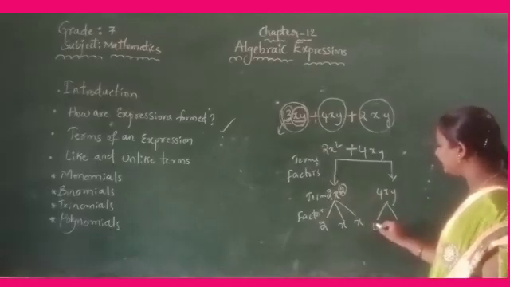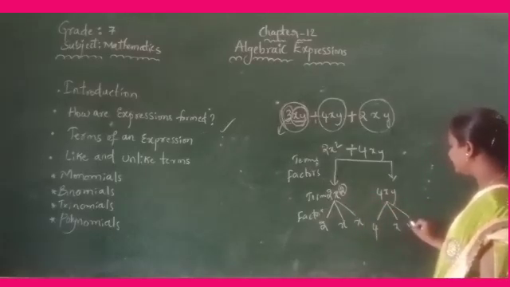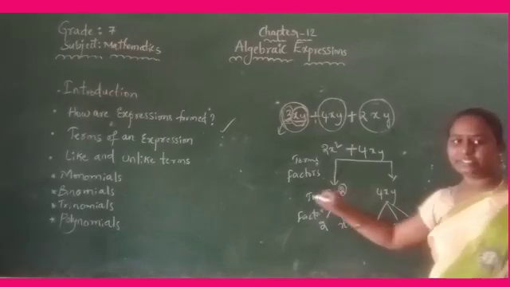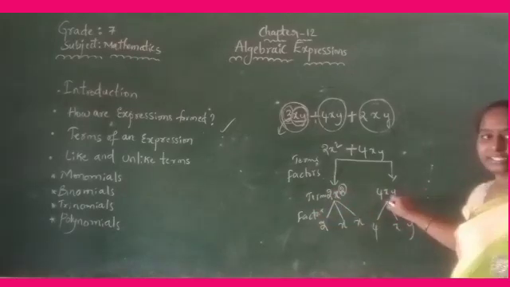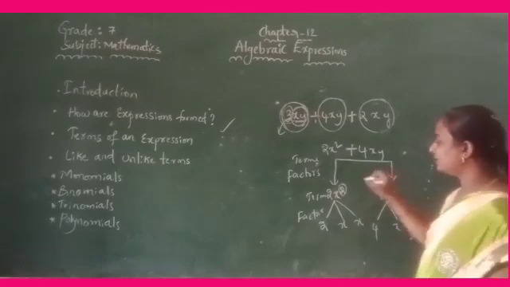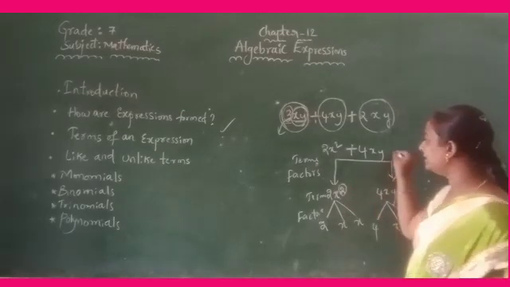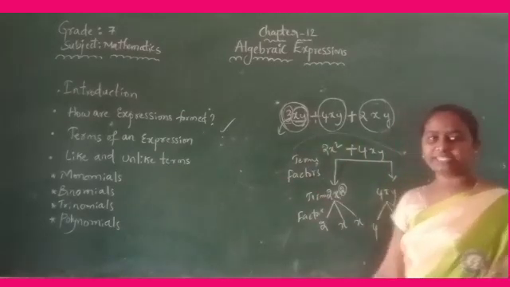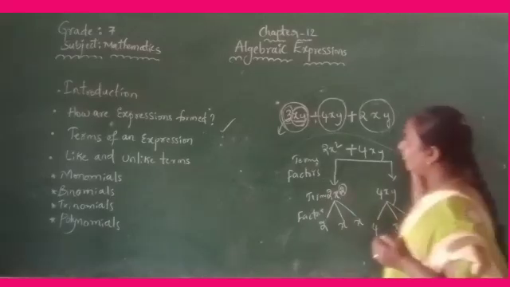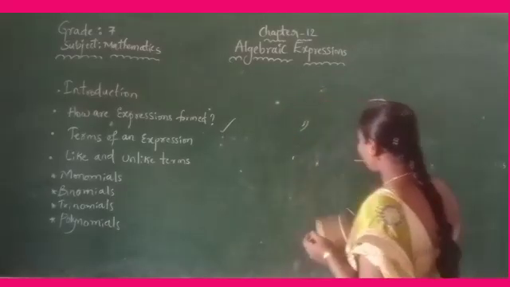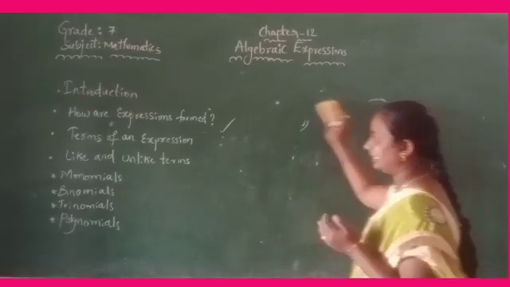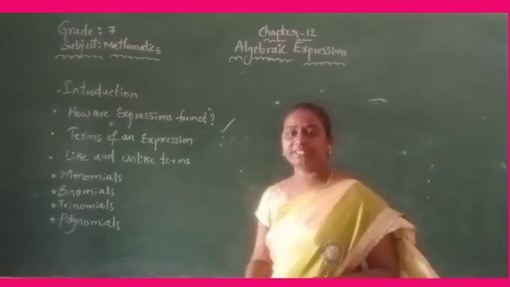For 4xy, that is 4 into x into y. So these are the factors. Like this, we can find the terms and the factors by using the tree diagram. Very good, children. So like this, you have learned how expressions are formed and the terms of an expression.